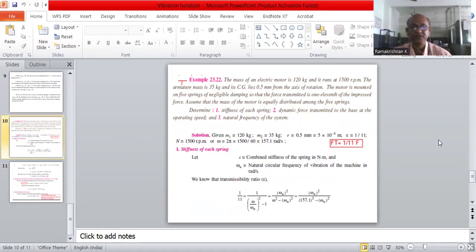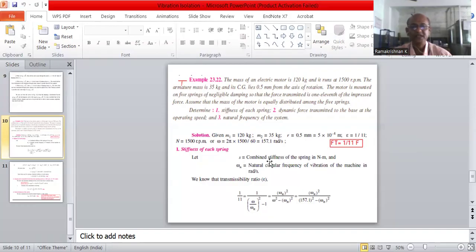The motor is mounted on 5 springs of negligible damping so that the force transmitted is 1/11 of the impressed force. Assume that the mass of the motor is equally distributed among the 5 springs. Here the motor is kept on the 5 springs and the damping is negligible, so C equals 0, and the armature is offset by 0.5 mm.